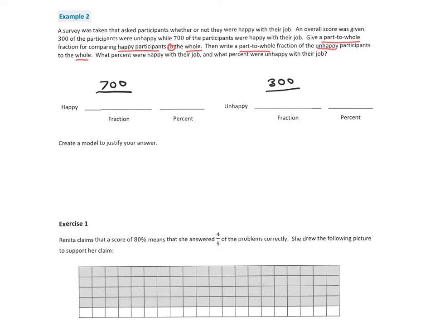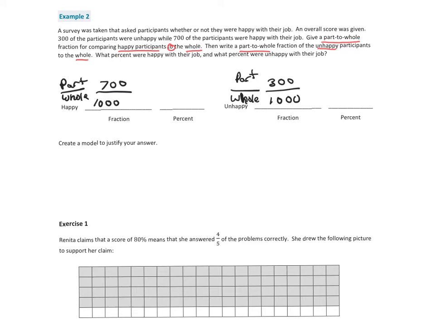We're going to add the 700 and the 300. So that would be 1,000 total participants. Okay, so that's our part. That's what we were talking about before, part to whole. And here is our other part to whole. One part of them is happy, and the other part was unhappy, and the whole was the total number of people that were surveyed, were asked.